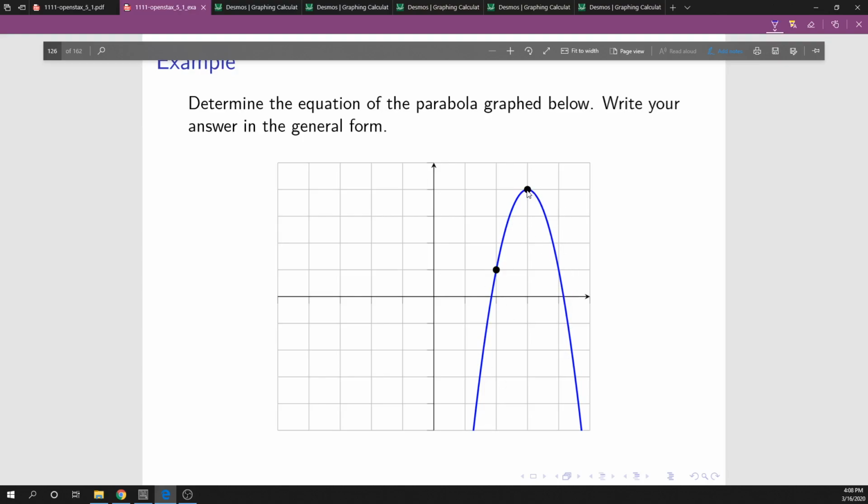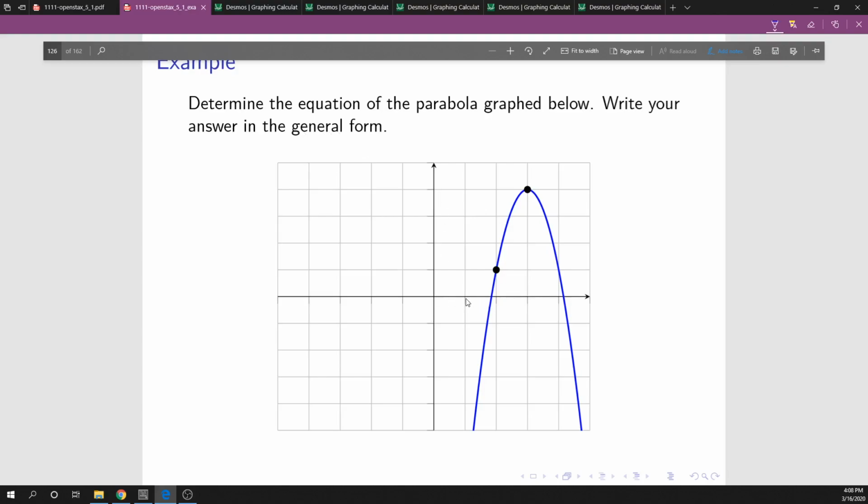And they give us the vertex here, and they give us another point on the graph. And what they want us to do is to write the formula for the quadratic, or the function, in the general form. All right, so the first thing that you need to do in this problem is to pick off what these points are.